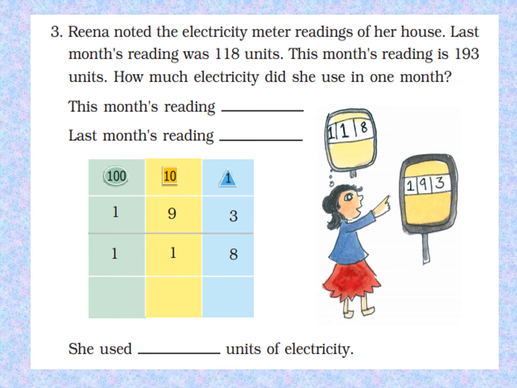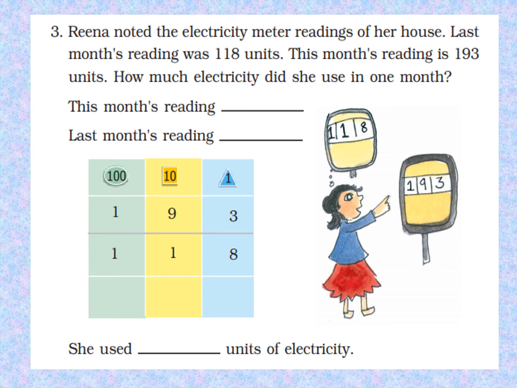Now children, how can that be found out? We will need to subtract the last month's reading from this month's reading, that is the new reading. When we subtract it, we will come to know how much electricity was used in this month.